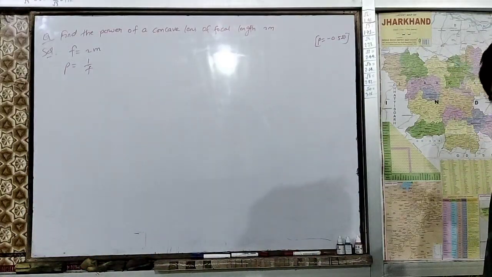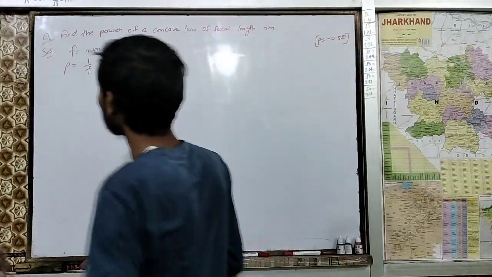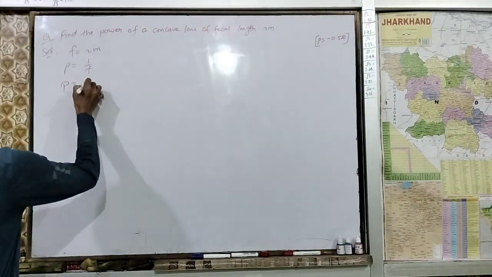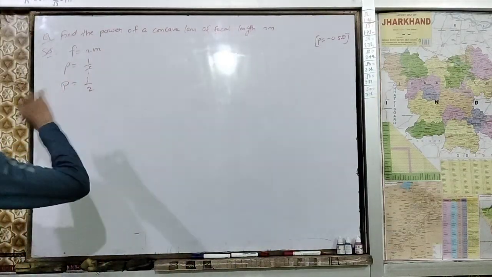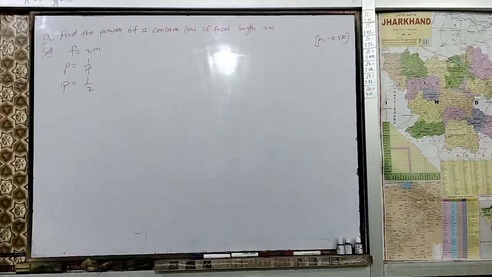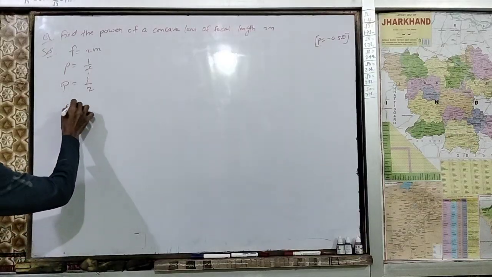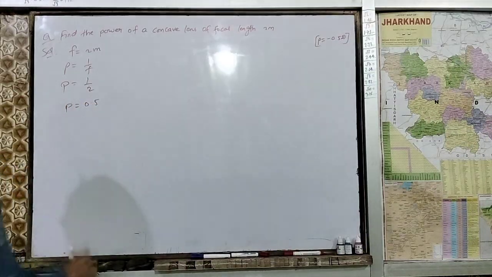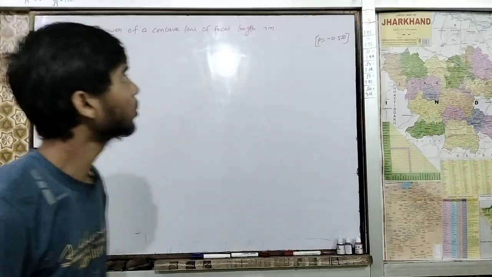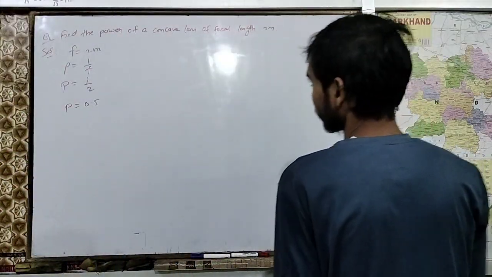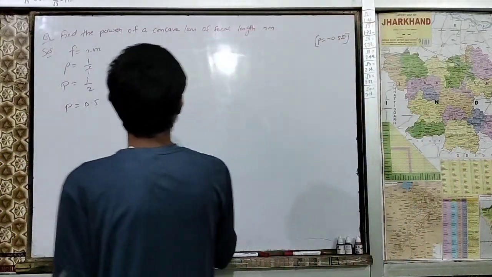Just substitute the value. f is 2, in meter. Now you can say P is coming 0.5.